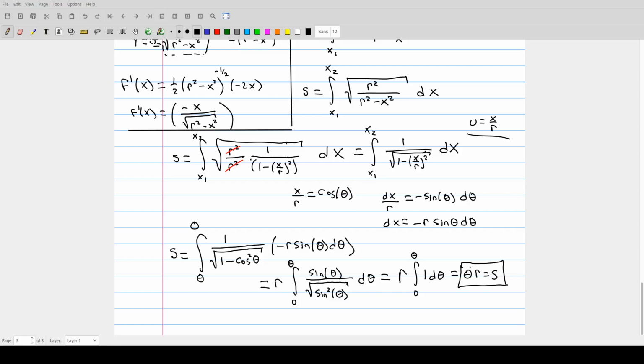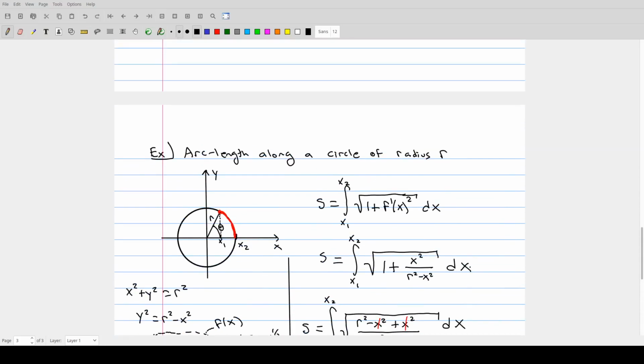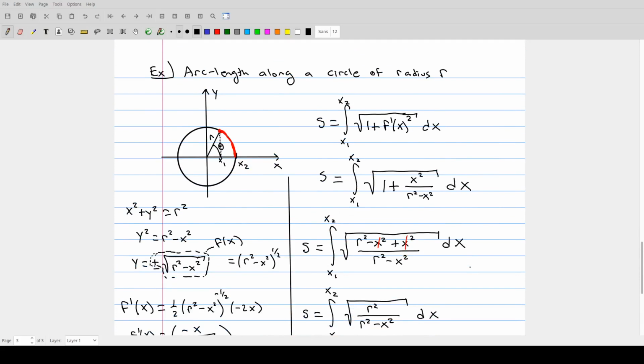And this is hopefully a familiar result to you from, say, a pre-calculus class, where you can use just straight geometry to derive this result.